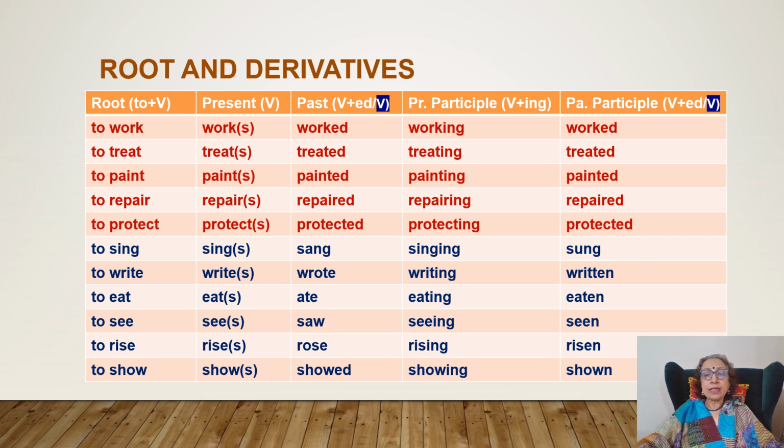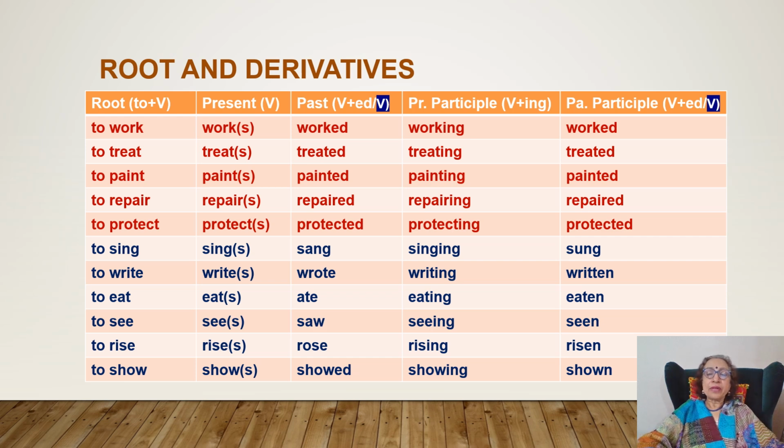So you can see the red colored verbs all have ed in the past tense, ed in the past participle. These verbs have a regular pattern. Any new verb introduced into the English language follows this pattern.